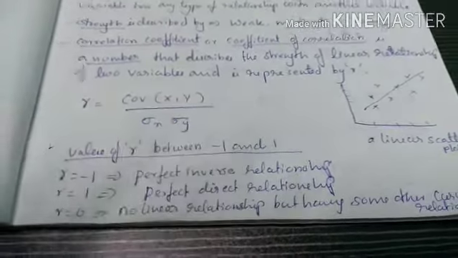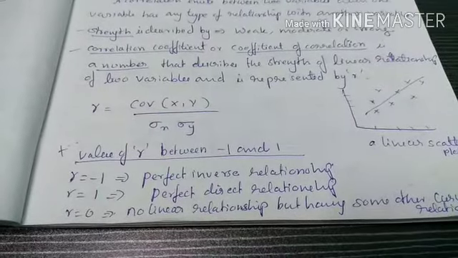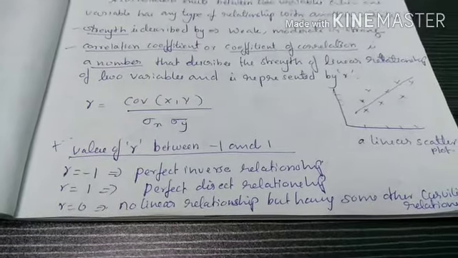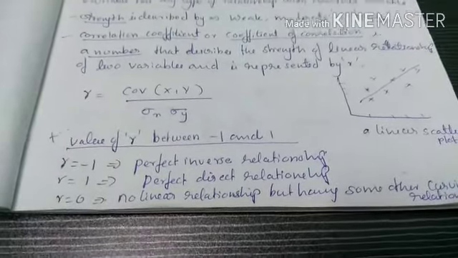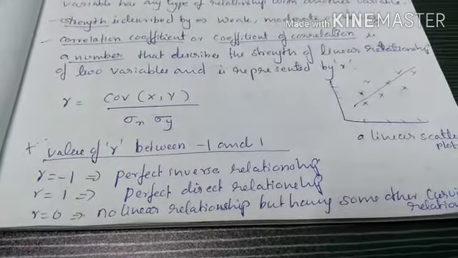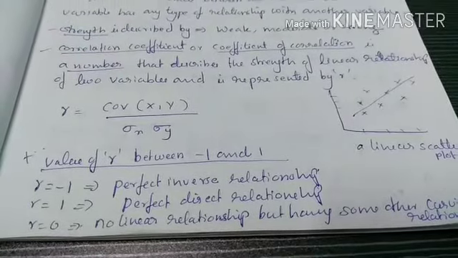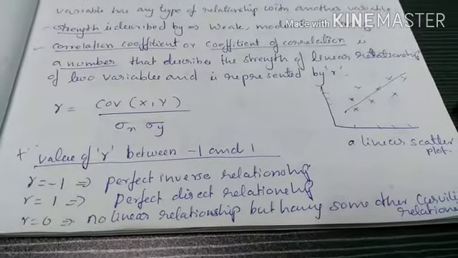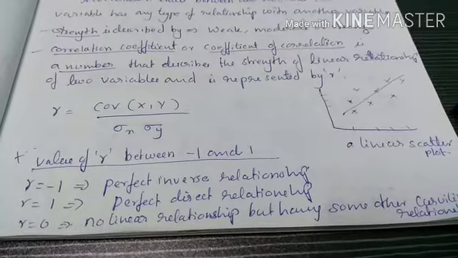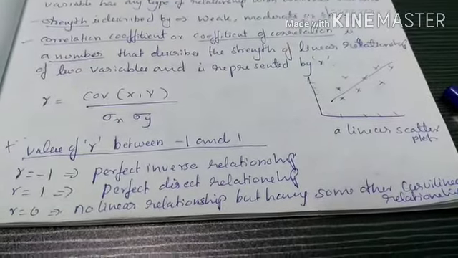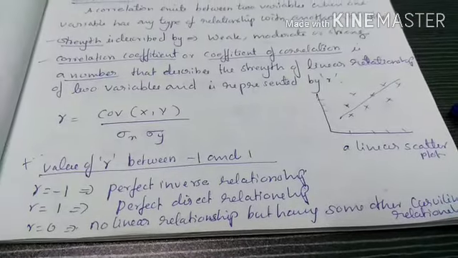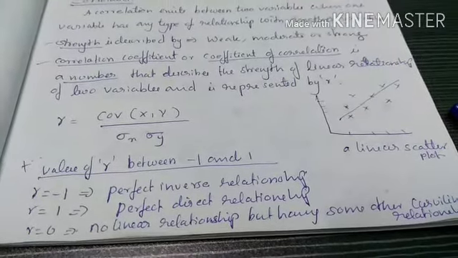R equal to 1 means a perfect direct relationship between two variables, whereas R equal to 0 means no linear relationship but they may have some other curvilinear relationship. That is the meaning of R equal to 0. That is, these two variables x and y have some other curvilinear relationship but no linear relationship. That's how we have to read the correlation coefficient.